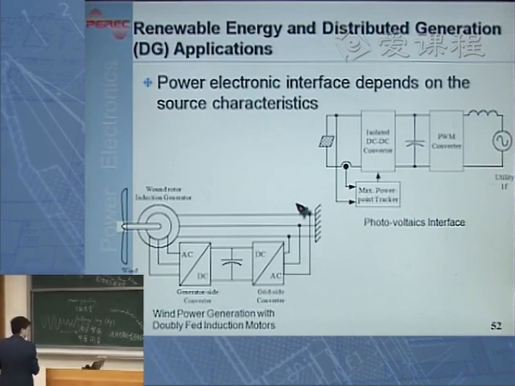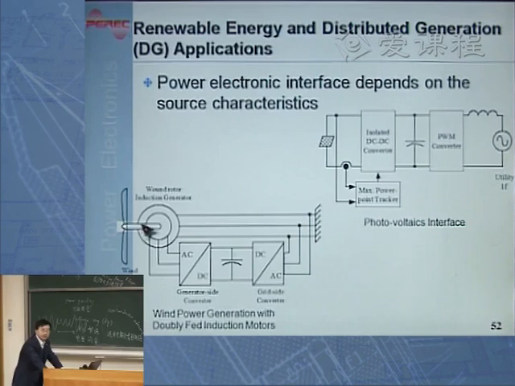For wind power, if you have a generator to convert wind power to electricity, then you still need a power converter to change that electricity into energy that you can connect to the utility grid, or supply to the user load. So you have to go through a power converter again.